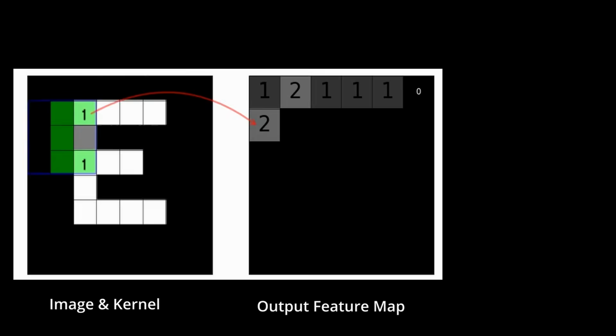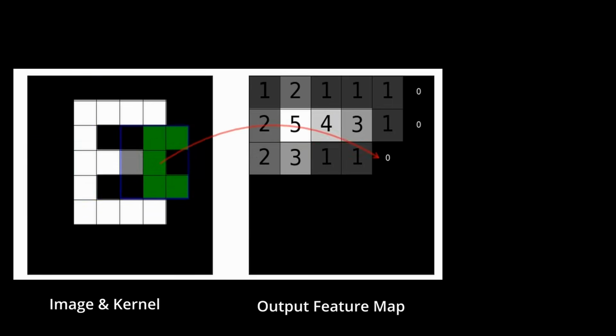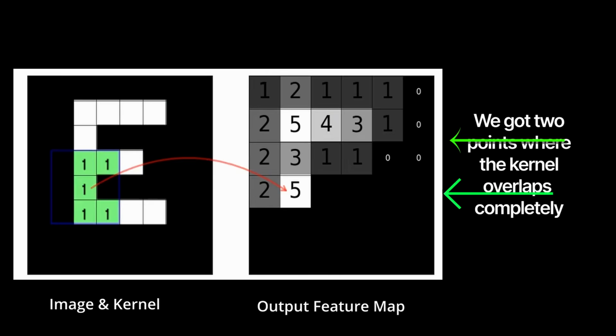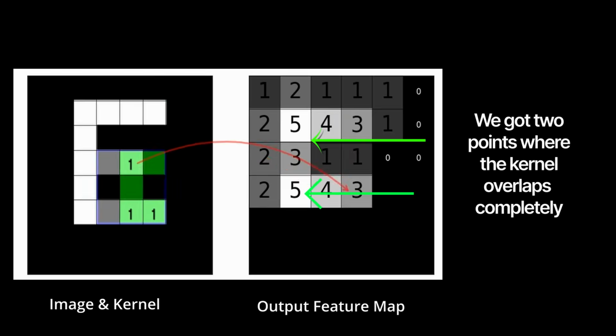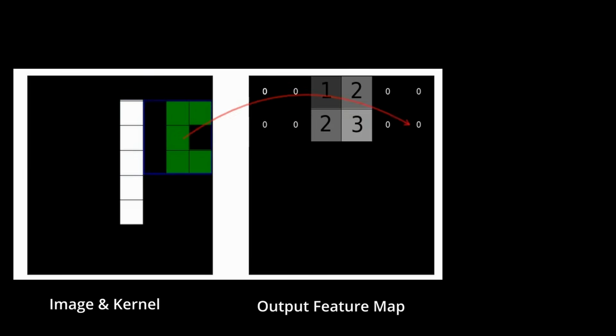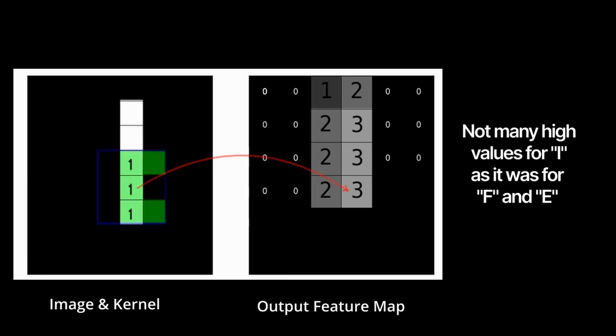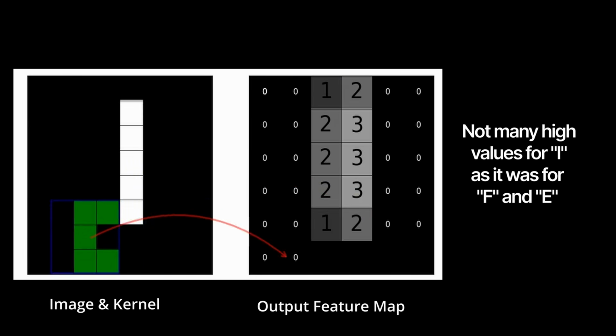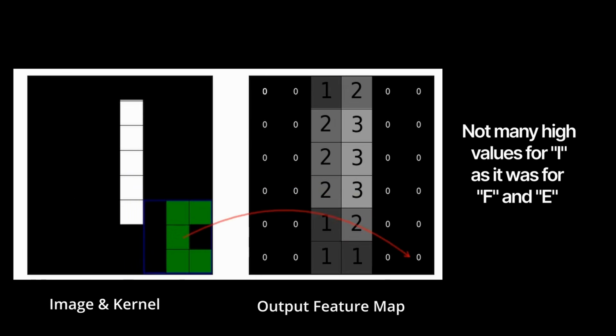If we had the letter E, for example, and run the same kernel, instead of 1 such point of strong overlap, we will get 2 such points. And if we run this kernel on an alphabet like I, the best overlap we get is just 2 because this pattern doesn't occur much in the letter I. And this means that the different kernels yield high numbers on images where their patterns occur frequently, while lower numbers where the pattern is absent.